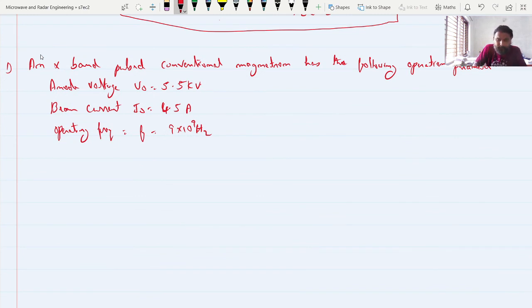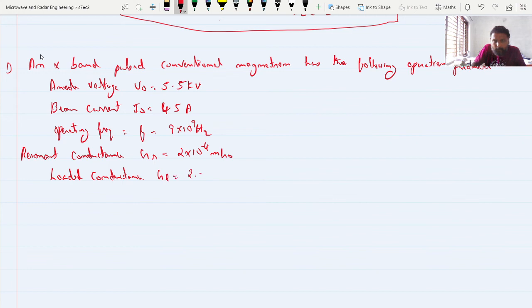Resonant conductance G suffix R is 2 into 10 raised to minus 4 mho. Then loaded conductance GL is 2.5 into 10 raised to minus 5 mho.